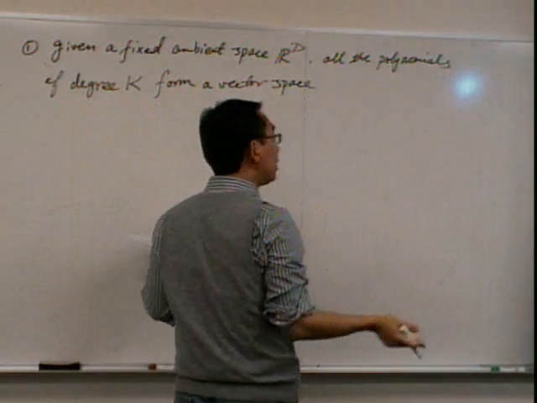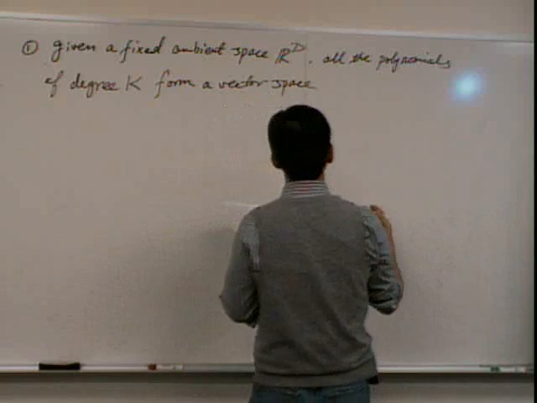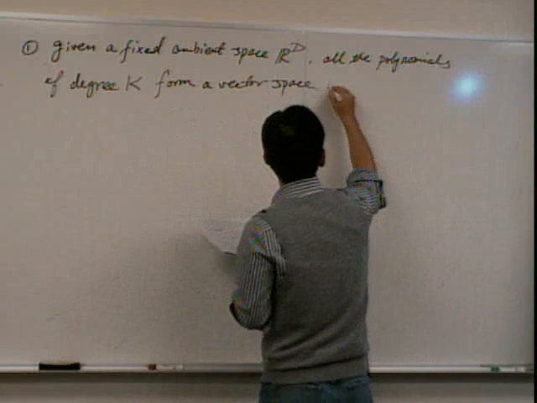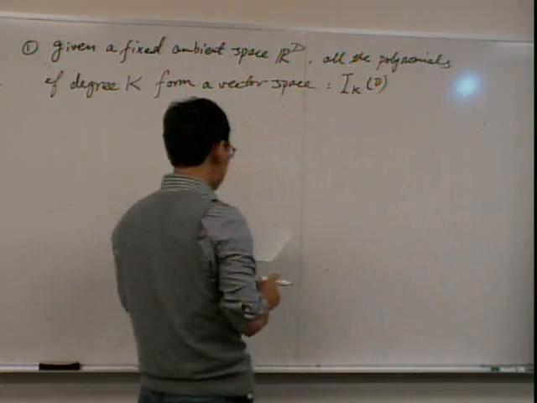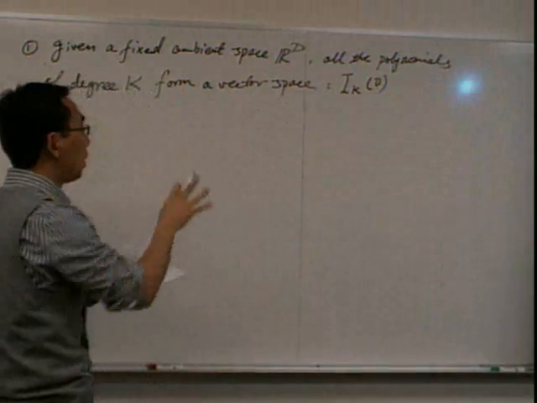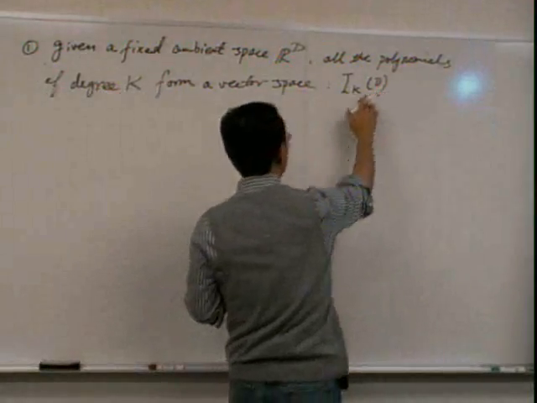We are talking about linear dependency and linear independence, so we are talking about that with respect to a vector space. Let's denote that as I_k(0). It will be clear in a minute why I wrote 0 in this case.